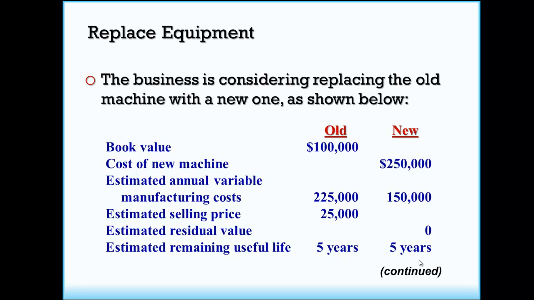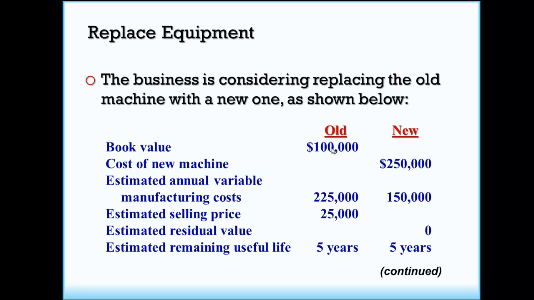Okay. So it's a very common decision for a business to have to make as to whether they should replace a piece of machinery or equipment with a new one, or try to milk some more miles out of the old one. So let's take a look here. The book value of the old one is $100,000.